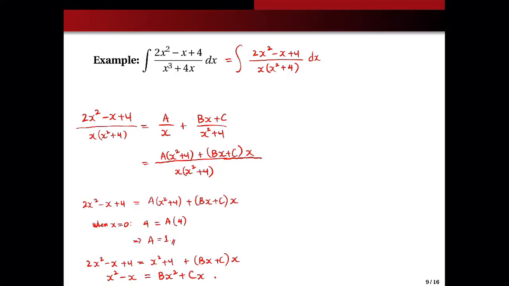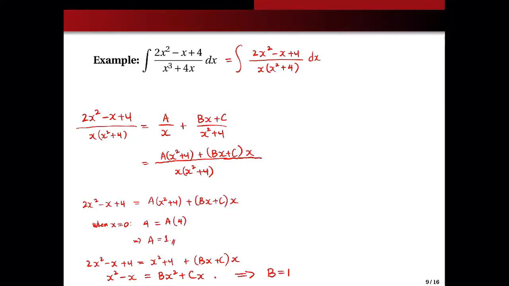The coefficient of x squared here is 1. The coefficient of x squared here is b. So for them to be the same, the coefficient b must also be equal to 1. That's just for the part of x squared.